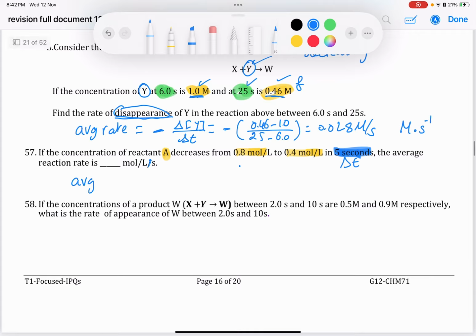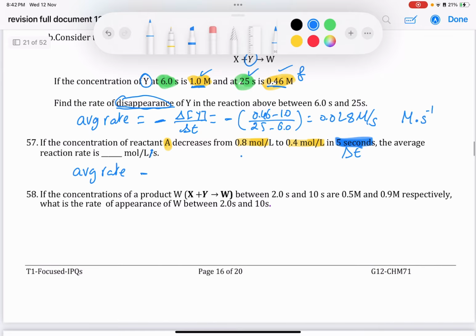So the average rate of this reactant is going to be 0.4 minus 0.8 over delta T, which is 5 seconds. And the final answer is 0.08 mole per liter second, or I can write molar per second, or M s minus 1.